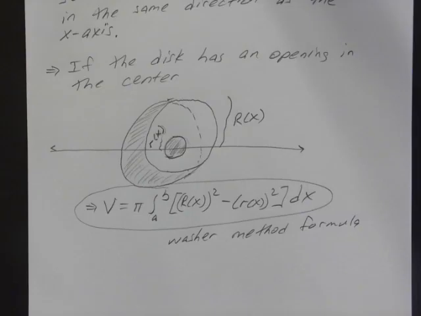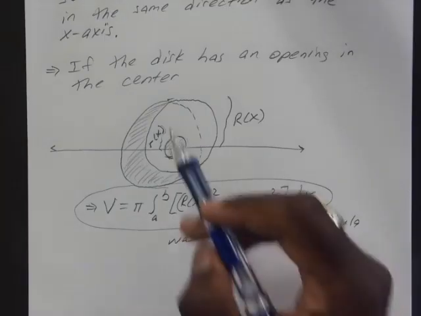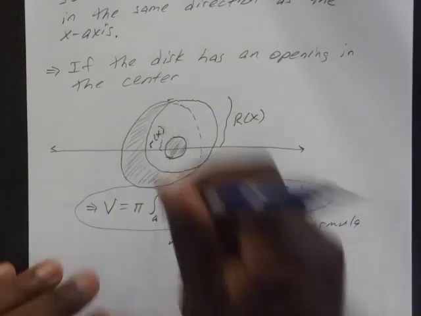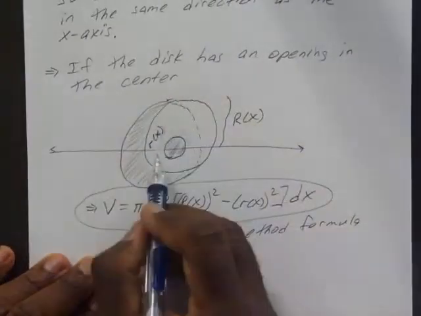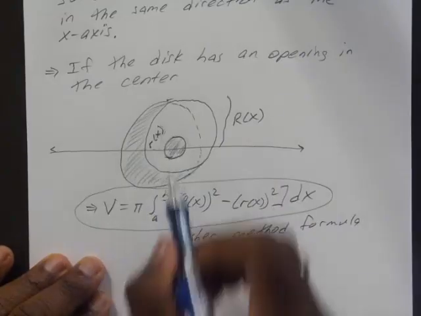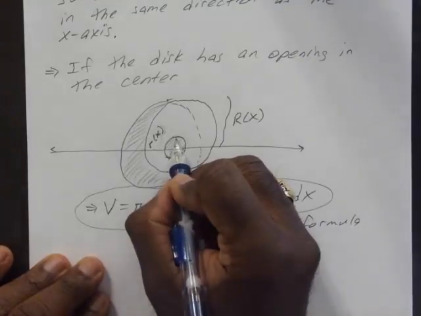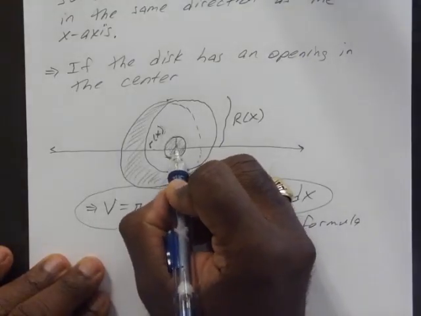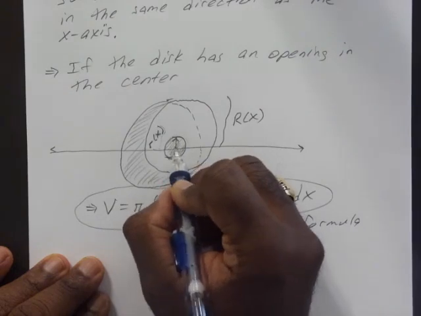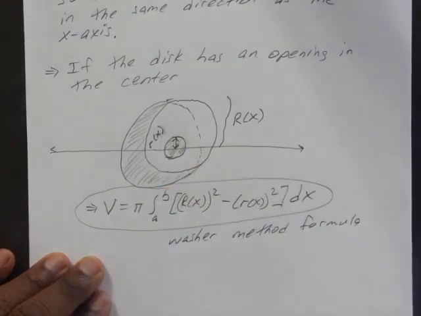For the inner radius, where are we really looking at? Is it the entire shaded little circle? Yes, but the circle on the inside revolves around this axis. We're just looking for the radius, and the radius is just the distance from that axis of revolution.